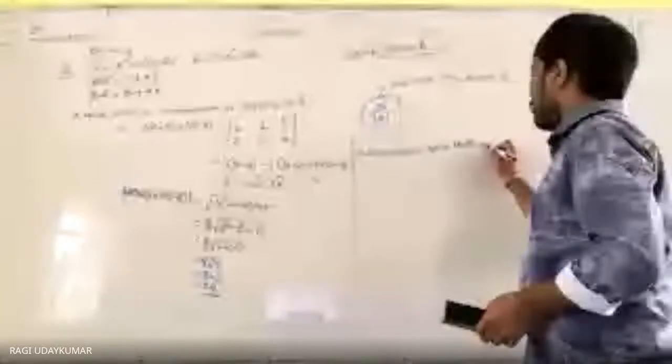Therefore, the unit vector which is perpendicular to a bar plus b bar and a bar minus b bar is a bar plus b bar cross a bar minus b bar divided by the magnitude of that vector. Don't get confused, the cross product is itself a vector.